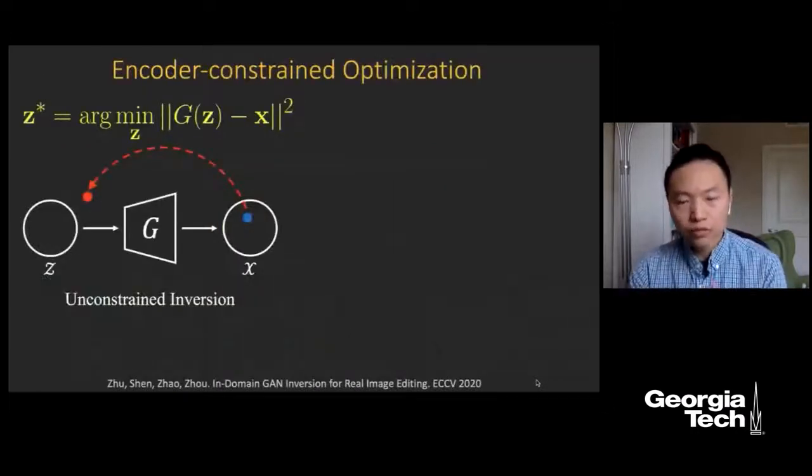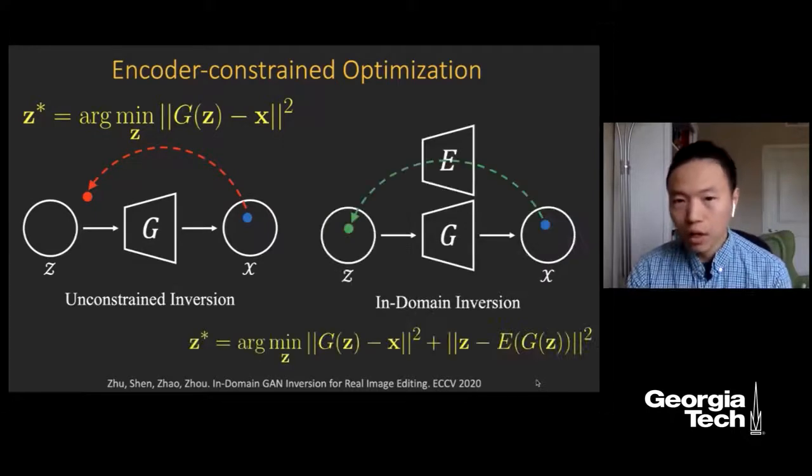So here we have this recent work, the ECCV work last year, where we try to combine this encoder method with optimization methods. We propose this encoder-constrained optimization. Previously we had unconstrained inversion. Right now we add an extra term. We simply treat this encoder as a regularizer for our reconstruction step.